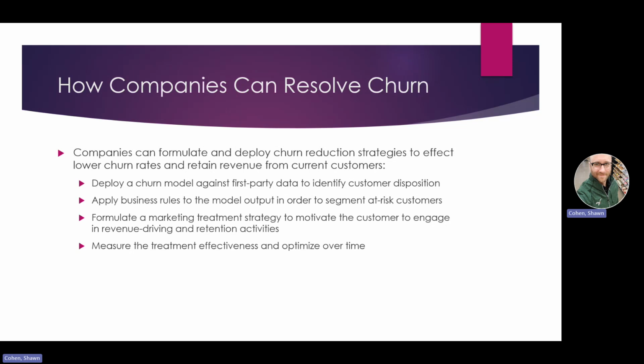We may not want to go after small customers. We may only want to predictively identify and then treat customers in a large customer or large revenue set. Those business rules will help us understand how to segment them. Then we want to come up with our marketing treatment, or really marketing or sales treatment, depending on the nature of the business, with the hopes of keeping them from churning, from going to a competitor or getting their goods or services elsewhere. Once we've identified an initial treatment, we can then take the performance data from that treatment and optimize it over time.